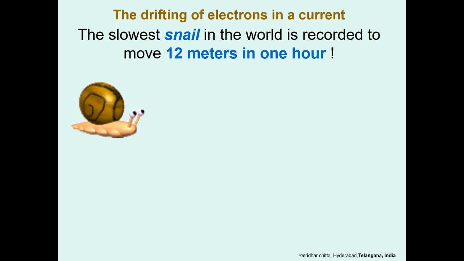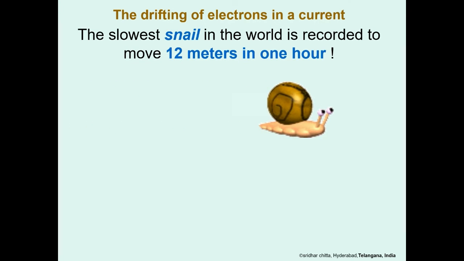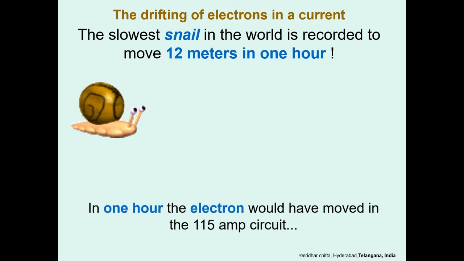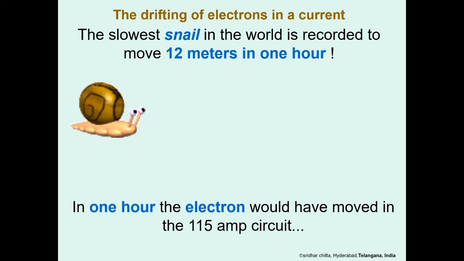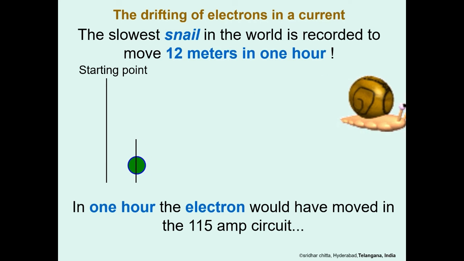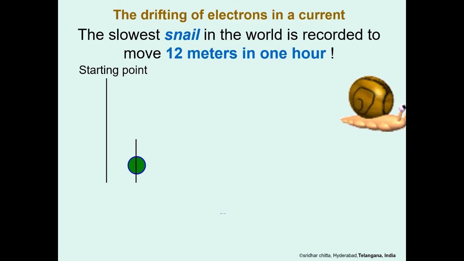The slowest snail in the world is recorded to move 12 meters in 1 hour. In 1 hour, the electron would have moved, in the 115 amp circuit, barely a meter.